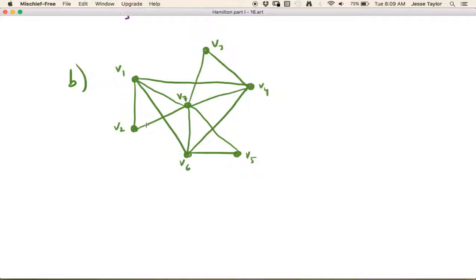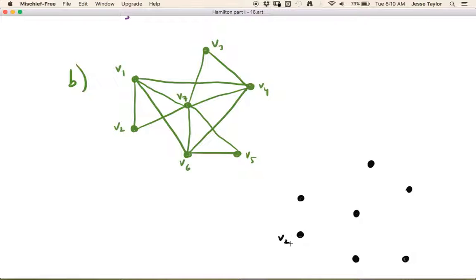Okay, so thinking about that, how many vertices do we have like this in this graph? Well, there's vertex 2, which is degree 2. There's vertex 5, which is degree 2. And there's vertex 3, which is degree 2. By the same rationale, if there were a Hamiltonian cycle in our graph, let's see, I'm copying down all our vertices here.